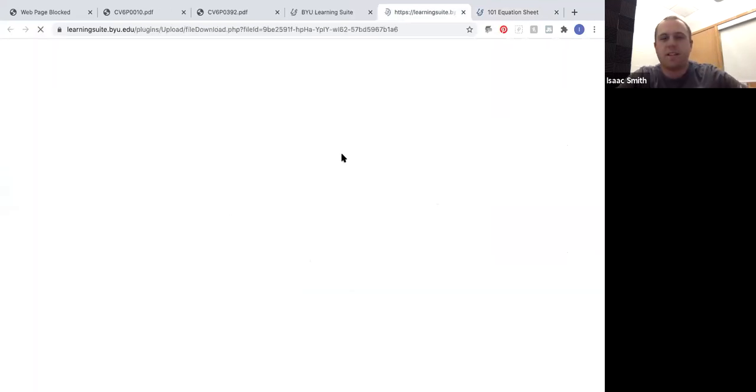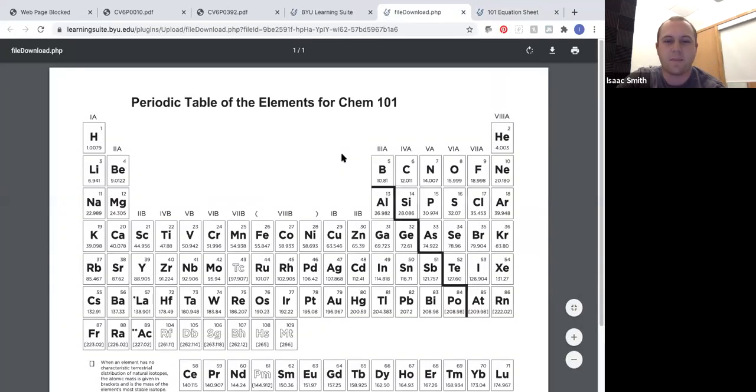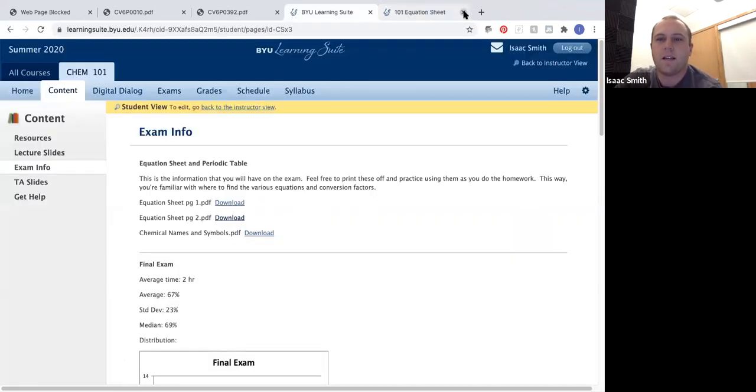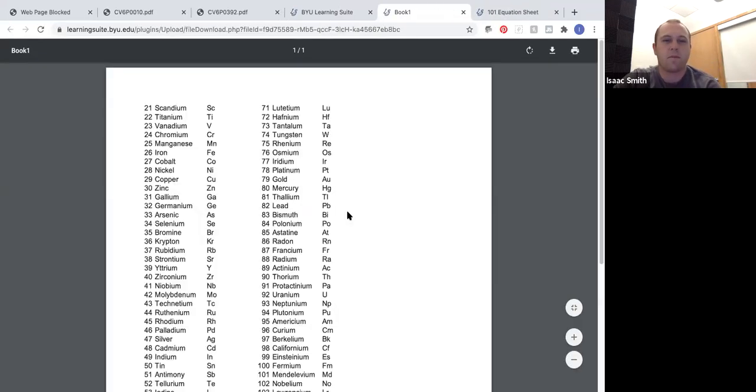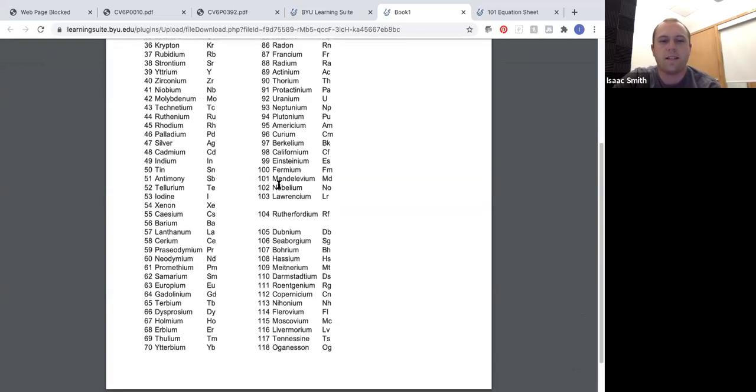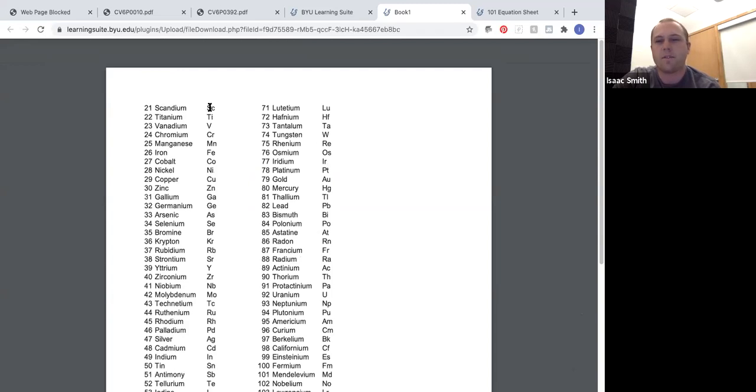The second sheet that you'll be able to have on the exam is this periodic table, okay? So it gives you the element symbols with the masses and the atomic numbers. And then the last thing you'll have is just this list, because I only asked you to memorize elements 1 through 20. So elements 21 through 118, I have the name and the symbol here.